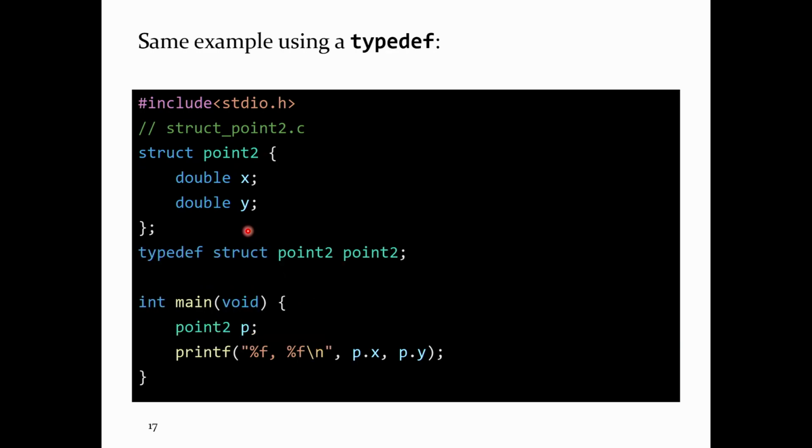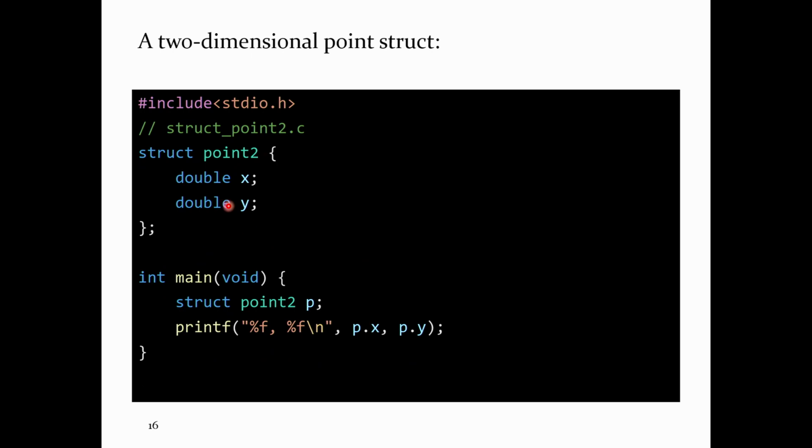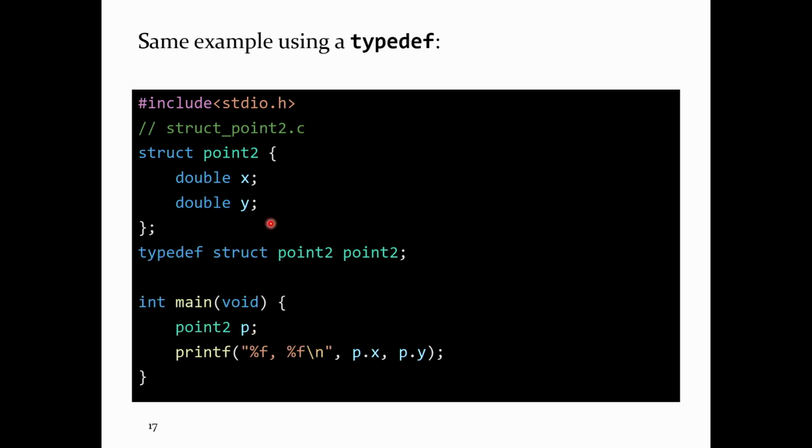Okay, so this is the previous example. Here's the same example written using a typedef. So there's my structure declaration, definition, I guess, because all the variables are here. Then I can write typedef struct point2 point2. Notice you have a tag name and a typedef name that are the same, which is fine.